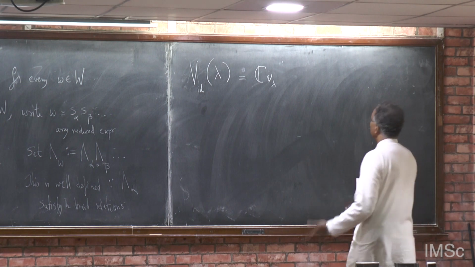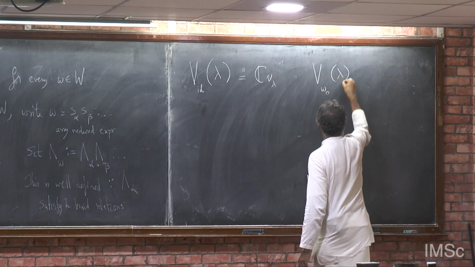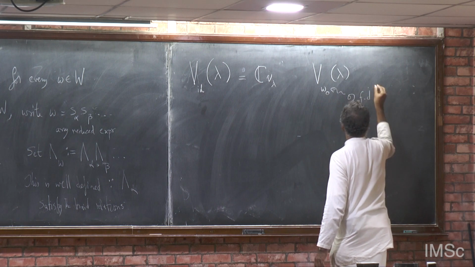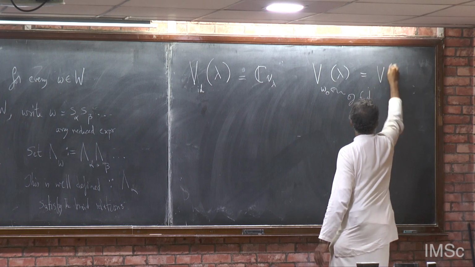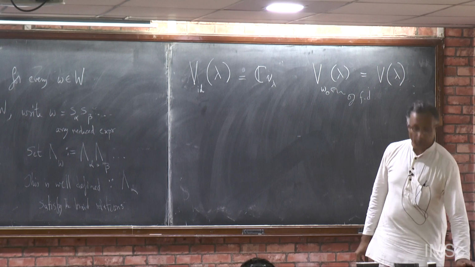And the other extreme, since I am writing this, you may want to assume G is finite dimensional, then this is V_lambda itself. These are two extreme cases to keep in mind.